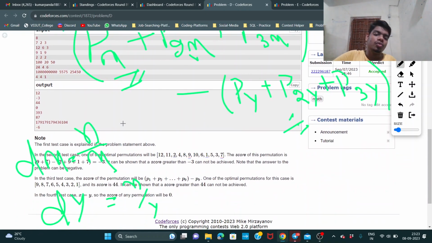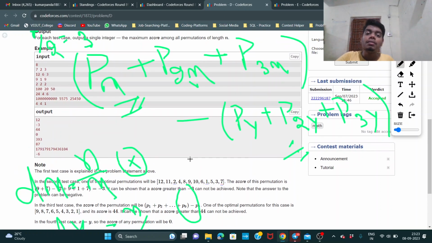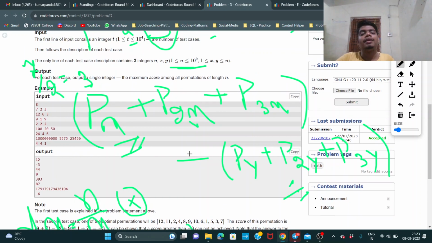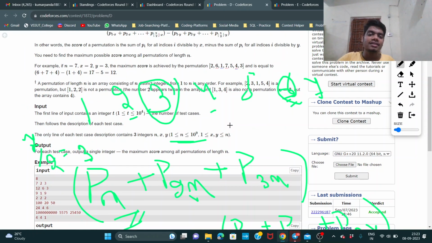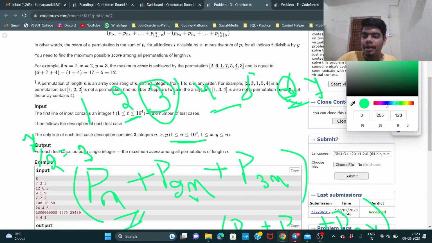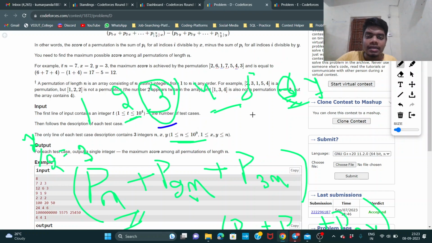Okay, so now I have to put the maximum values in all the n by x positions, and the minimum values in the n by y positions. But wait, see, in this case 2, 4, 6 and 3, 6, the 6 is repeated twice.